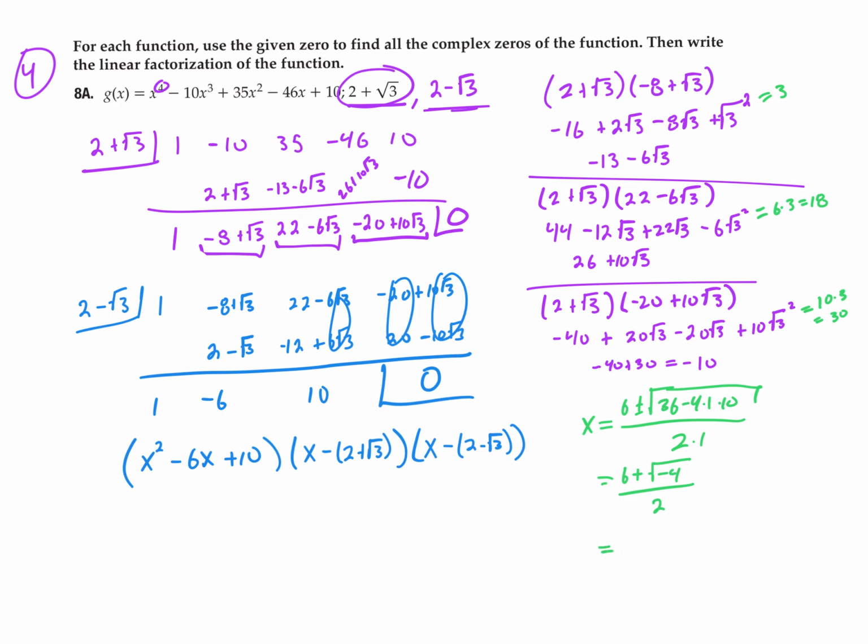This is going to give me 6 plus or minus 2i all over 2, which is equal to 3 plus or minus i. So my zeros are 3 plus or minus i, and also 2 plus or minus the square root of 3.